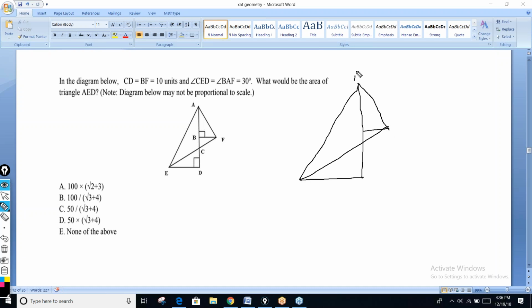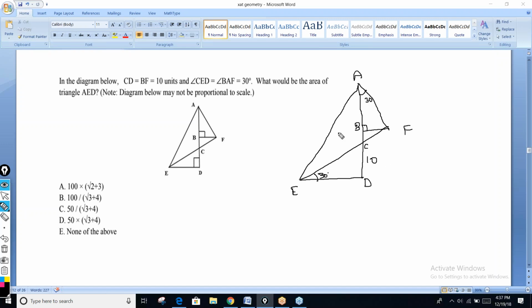So this is the question: AFB, C, D, E, CD is 10, and CED is equivalent to BAF, so that is given as 30, and that is also given as 30. What would be the area of the triangle AED?